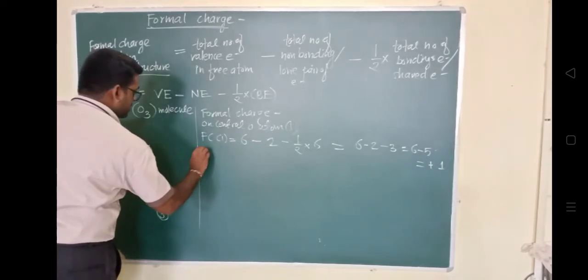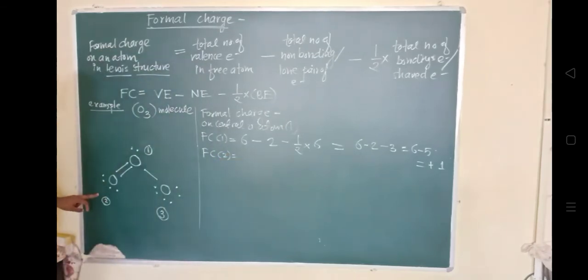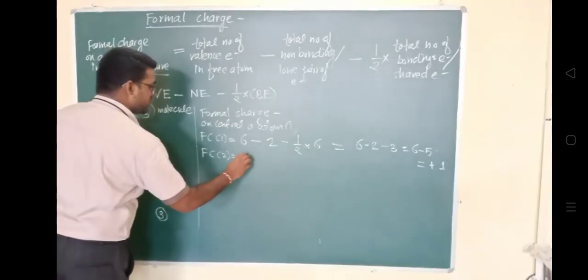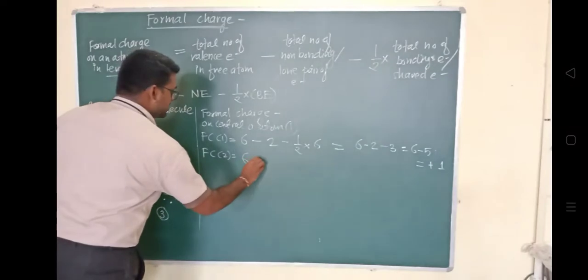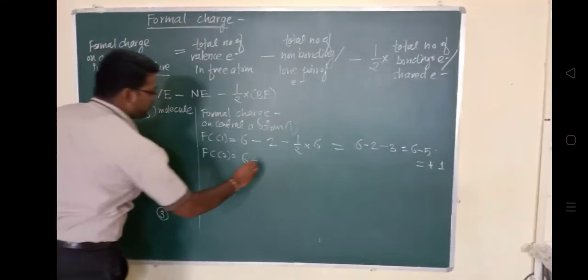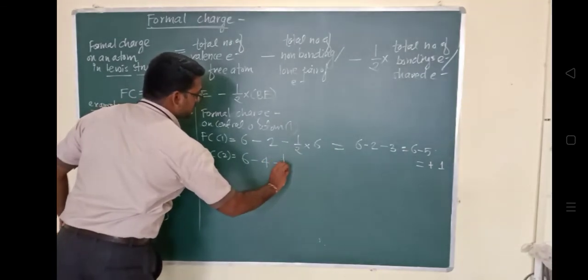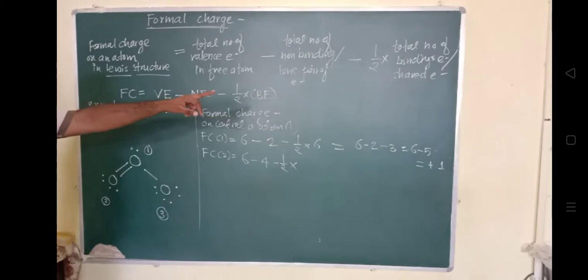the formal charge on the second oxygen atom. The total number of valence electrons is generally 6, right, this is for a free atom. Then minus the total number of non-bonding electrons, 1 2 3 4, 4 non-bonding, minus 1 by 2 of the total number of bonding electrons.